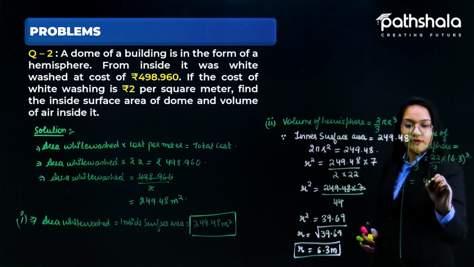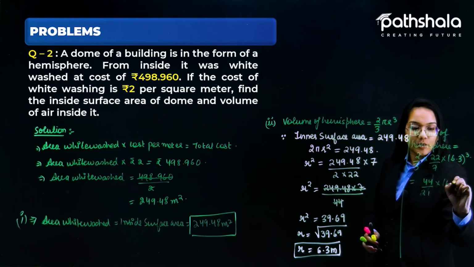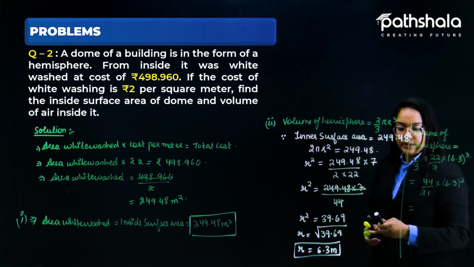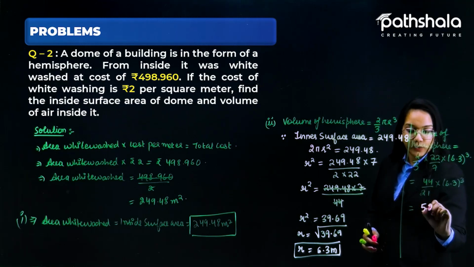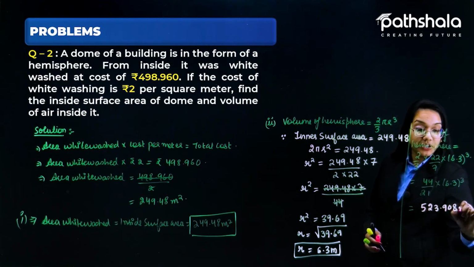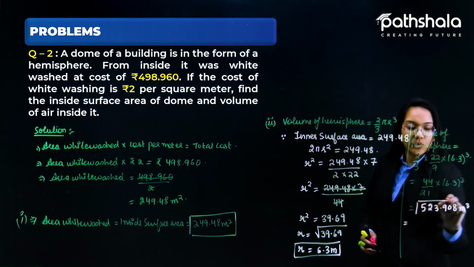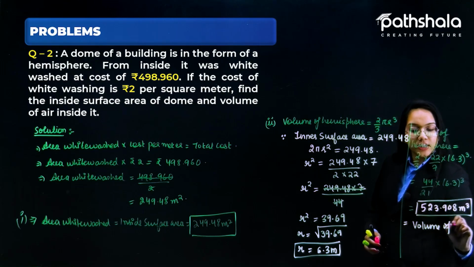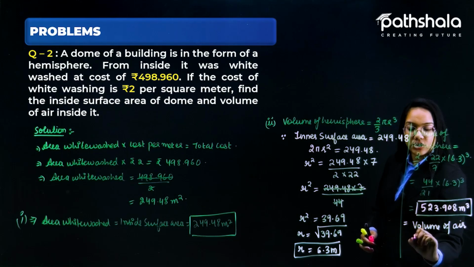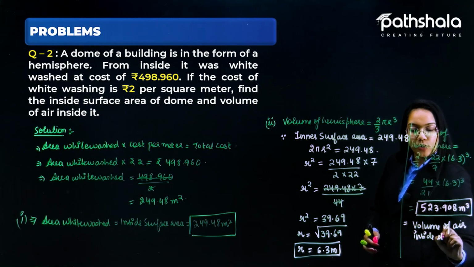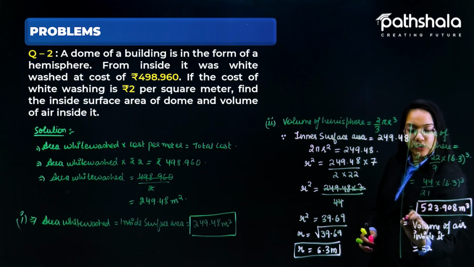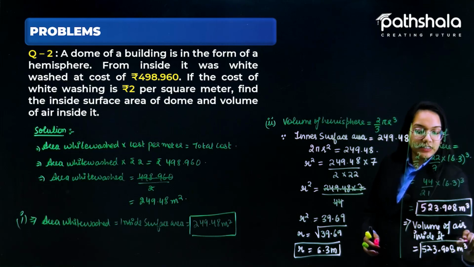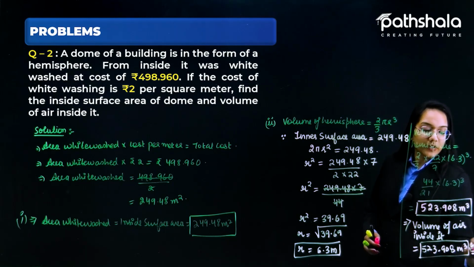This is 44 divided by 21 into 6.3 whole cube, and when we multiply all the values, we get the answer as 523.908 meter cube, which is the volume of the air inside it. The volume of the air inside it is 523.908 meter cube, and this is the answer for this question.